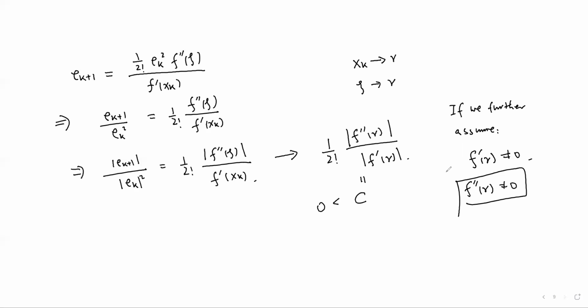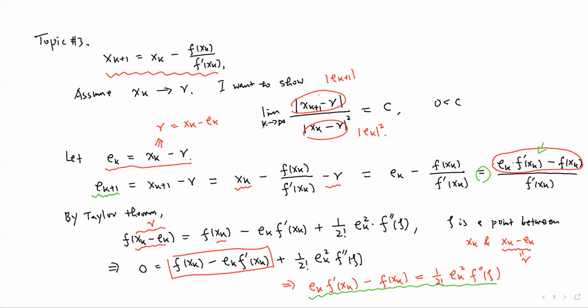If this is 0, then the limit is 0, which is better than quadratic convergence. What is important is that we assume the derivative is non-zero. Then we get C greater than or equal to 0, so at least quadratic convergence. This is the proof of this limit.